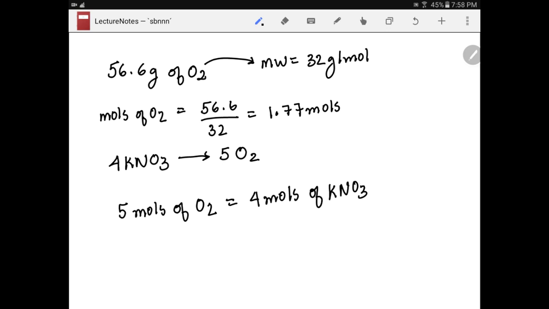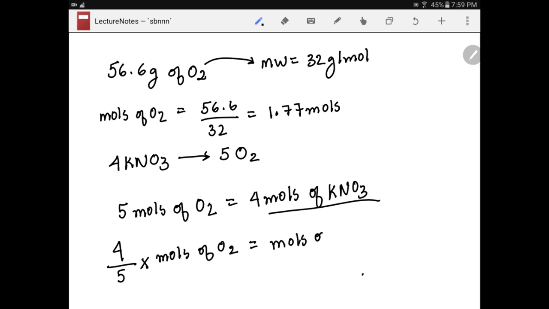If you want to figure out the moles of potassium nitrate, all you have to do is multiply 4 over 5, because of the ratios, by the moles of oxygen. Oh, my bad, not O2, it should be potassium nitrate. That will give you the amount of potassium nitrate that was heated.